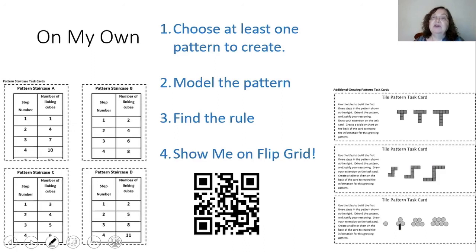And then I want you to find the rule. Like for our last one, the rule was to add 2. So what is the rule on all of these? And then I want you to show me on Flipgrid. So make sure that I get to see what your pattern was, but then you have to explain why that pattern worked.